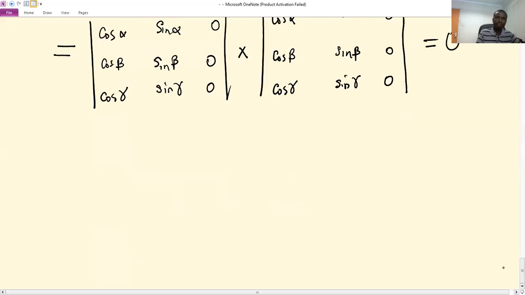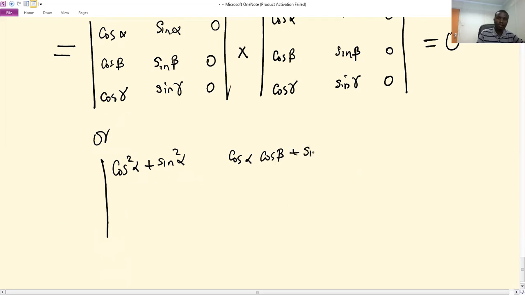Or you can say 1 can be written as cos squared alpha plus sine squared alpha, and then cos of beta minus alpha can be written as cosine alpha cosine beta plus sine alpha sine beta.